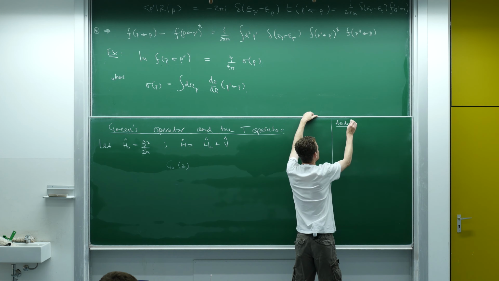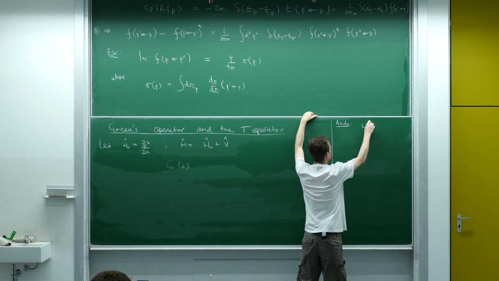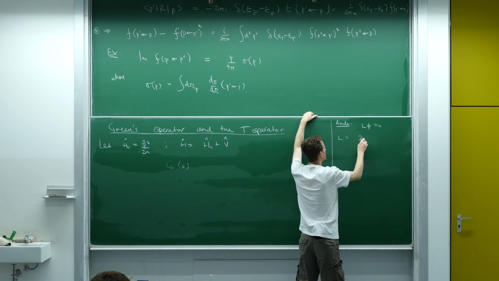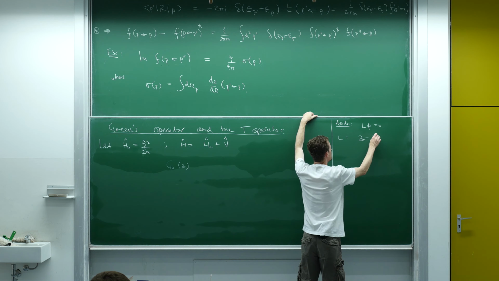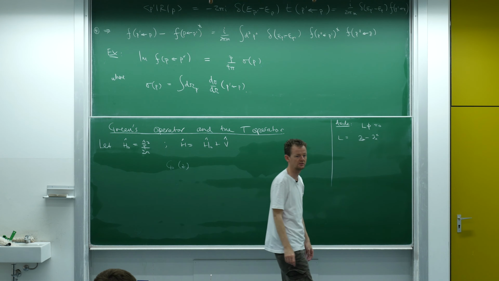Just to remind you of Green's functions, suppose you have a partial differential operator like the heat operator, dt minus dx squared.